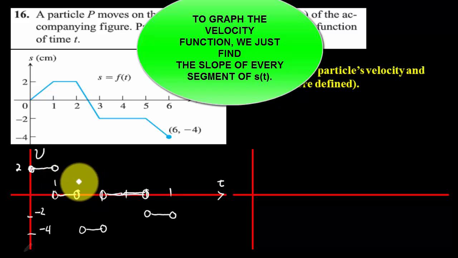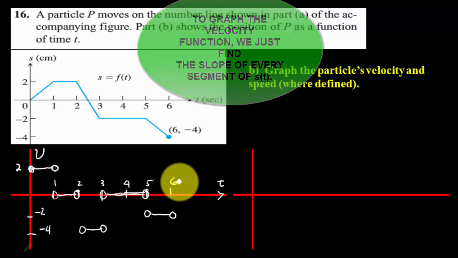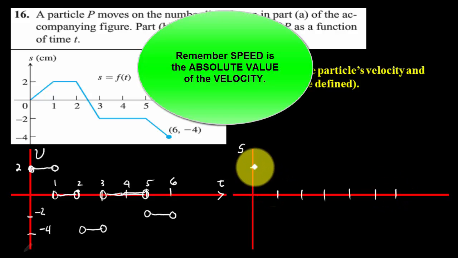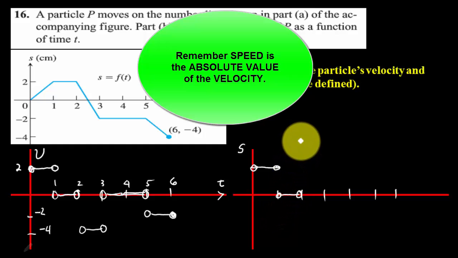Okay, let's mark that: 1, 2, 3, 4, 5, 6. What is the difference between the velocity and the speed? Anything that's negative, you just bring it up to positive. That stays the same because of the absolute value. We can cover that because it's an endpoint. And then the absolute value of 0 is still 0. The absolute value of negative 4 is positive 4.